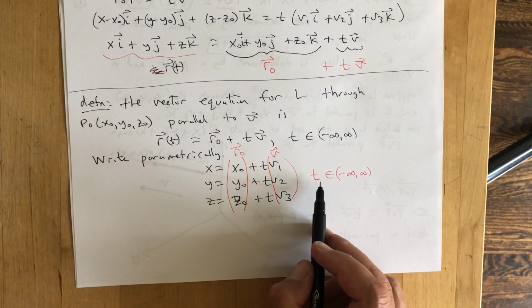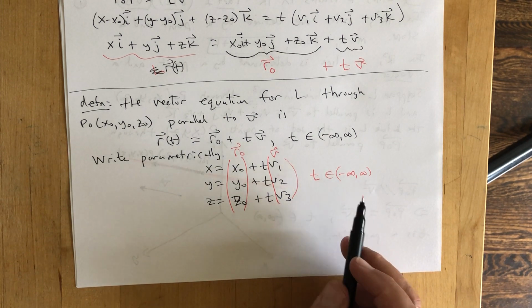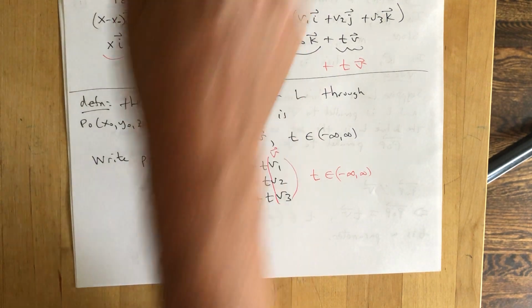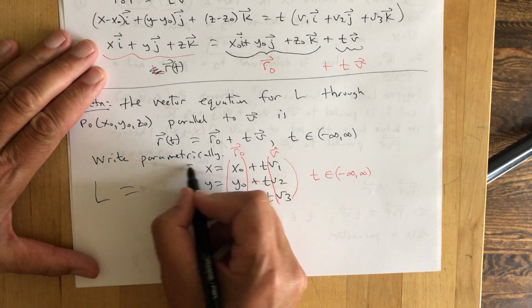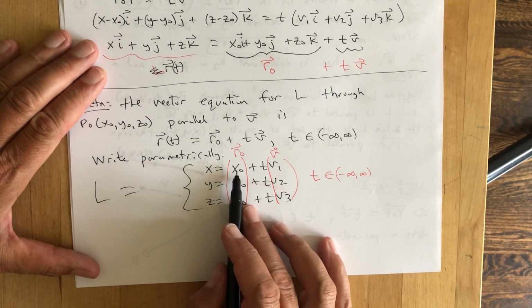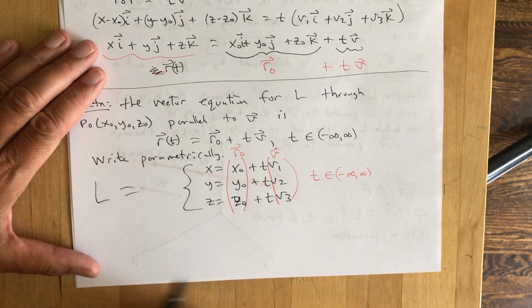Later on, we'll have line segments where it's not infinity, so t will run from -1 to 1 or 0 to 2 or whatever. But for now, that's what we have. And this is how you define a line. So this is L. L equals this whole thing. It's the x, y, z such that this is true for t in that range. Okay.